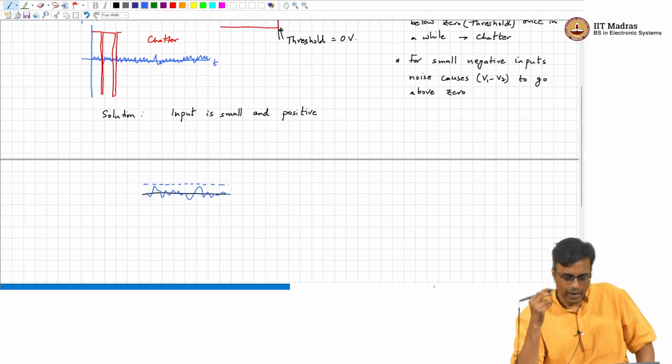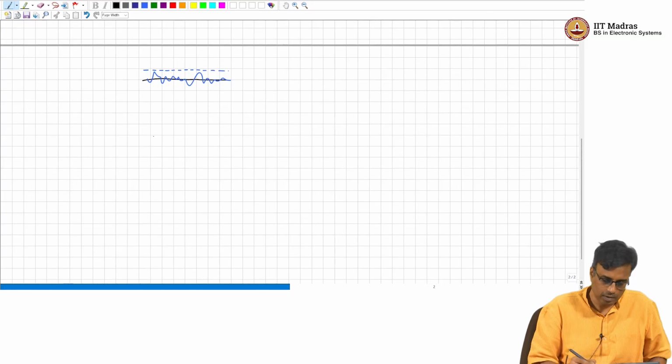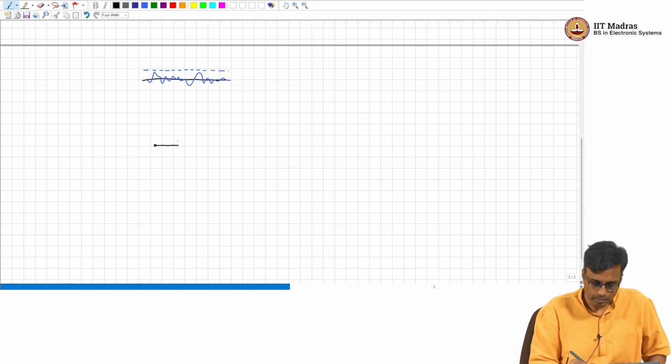Okay. And so, for example, let us take this example. This is an example of an inverting comparator, right. So, this is V1 and this is V2.